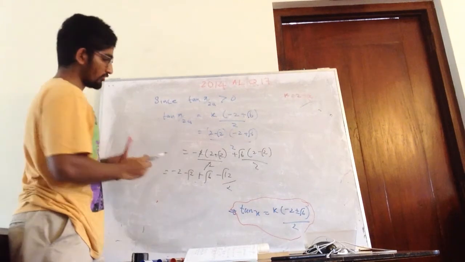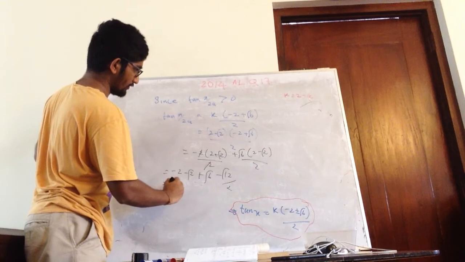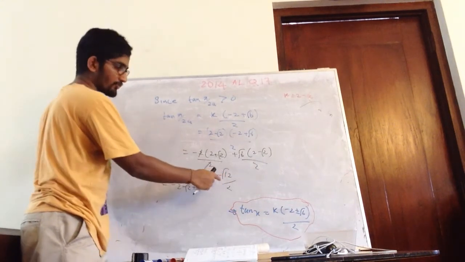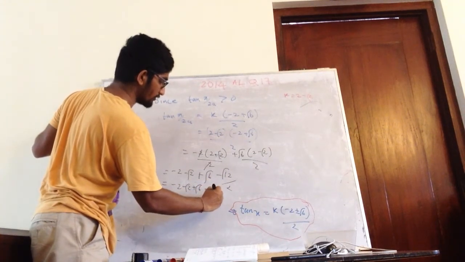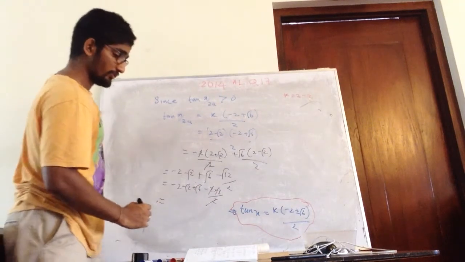So here minus 2 minus square root 2 plus square root 6, this can be written as 4 into 3, that means 2 into square root 3 over 2.